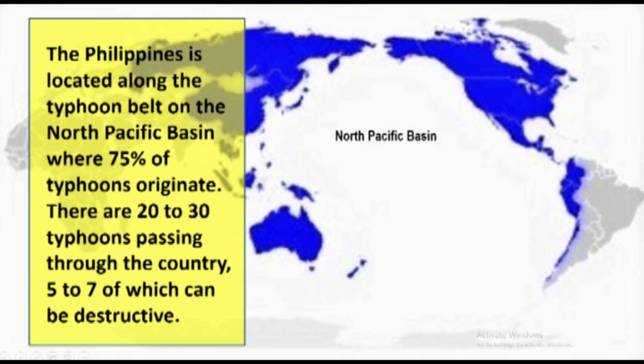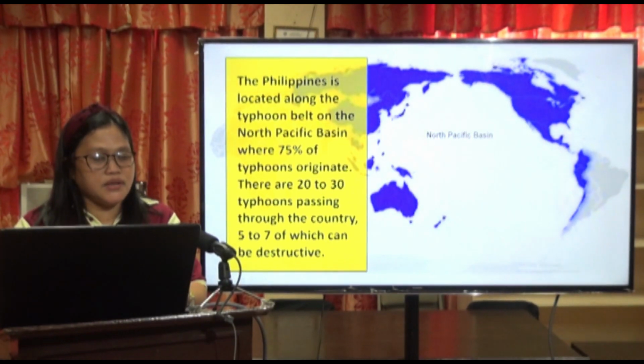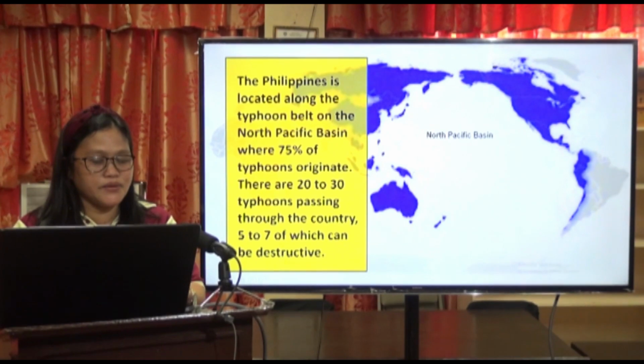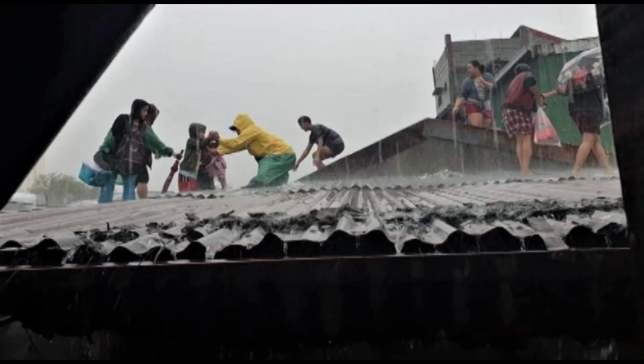The Philippines is located along the typhoon belt on the North Pacific Basin, wherein 75% of typhoons originate, and there are 20 to 30 typhoons passing through the country, 5 to 7 of which can be destructive.